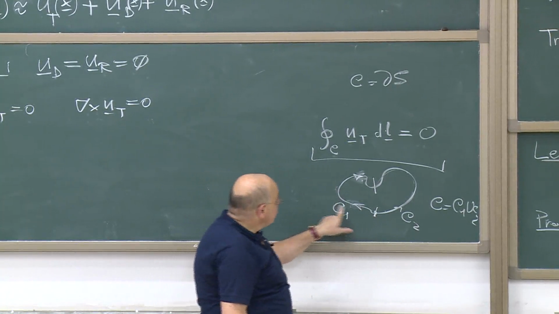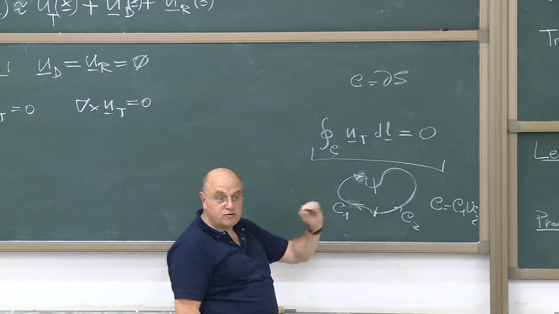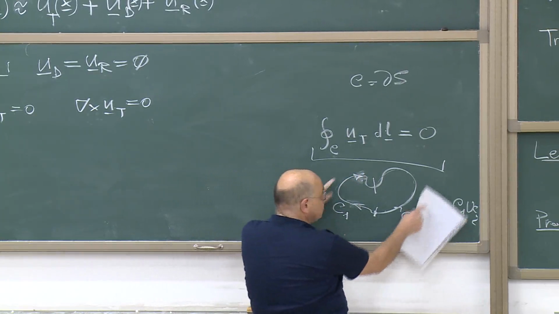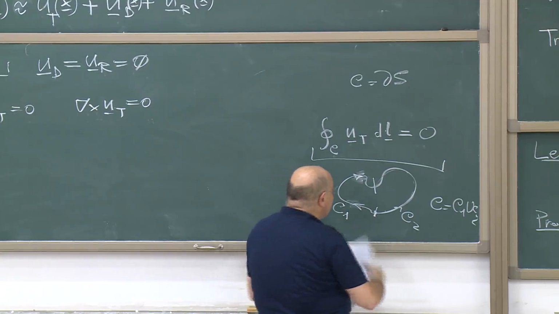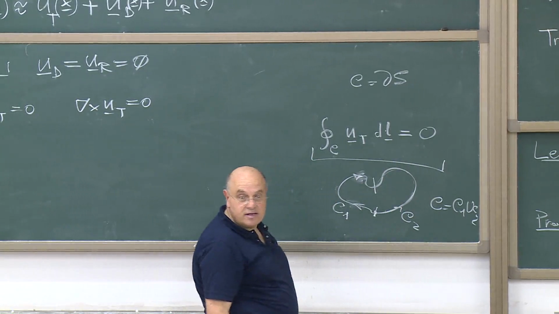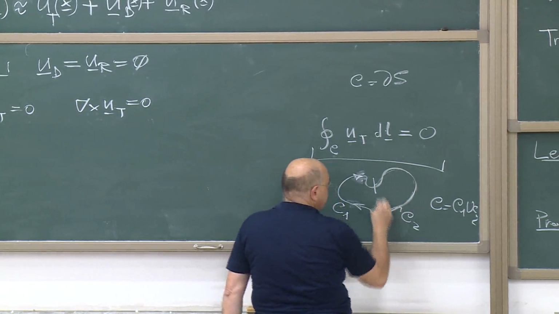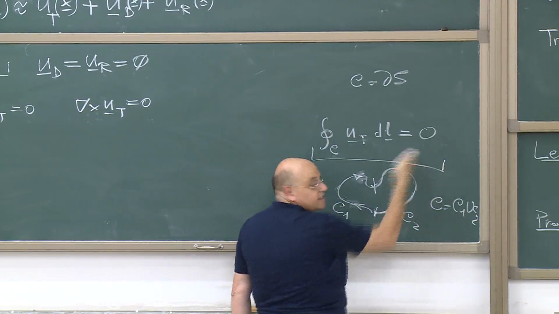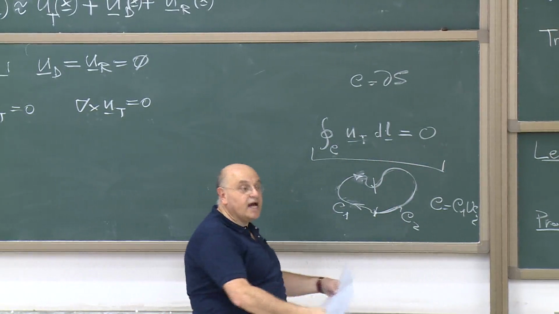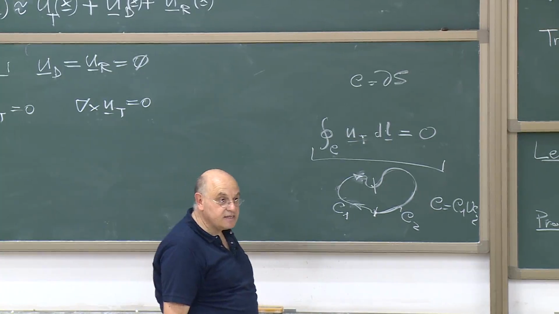And clearly it is 0, because this path and this path is 0, no matter how I rewrite it.